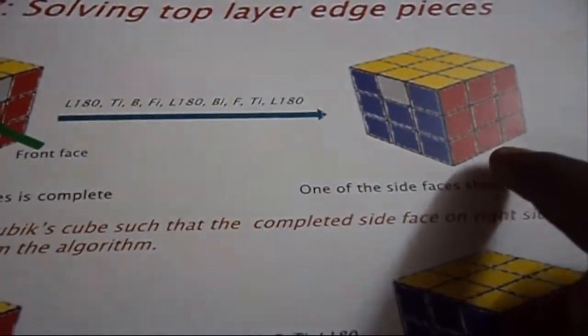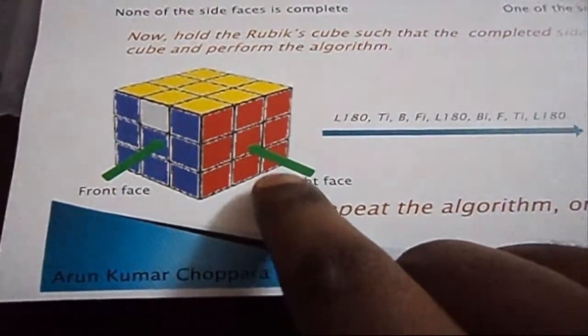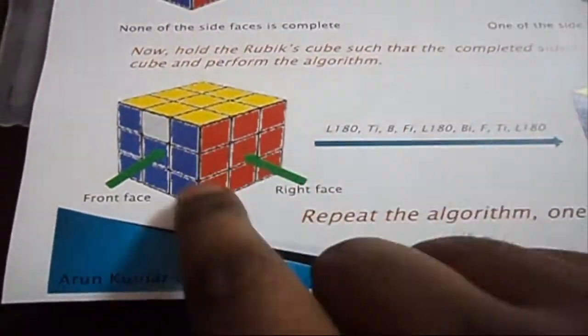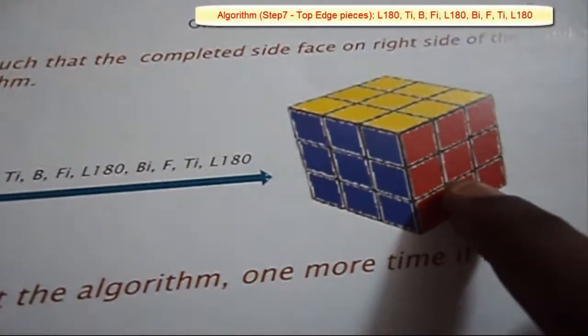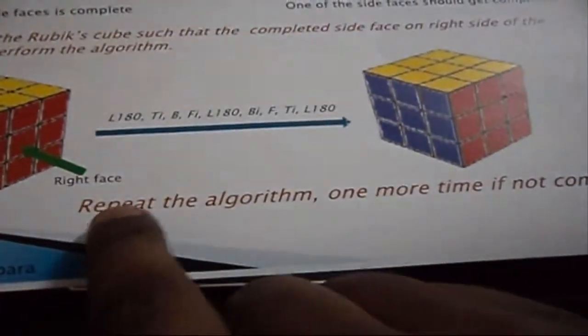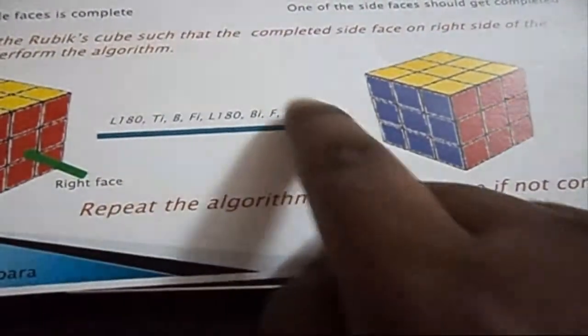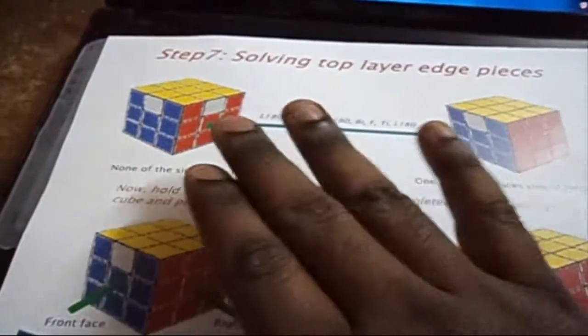Once you get a cube with case 3, then you need to take this completed face as your right face and then perform the same algorithm, which will solve the cube. In case the cube is not solved, then repeat the same algorithm one more time. So we have this algorithm that we use for solving step 7.